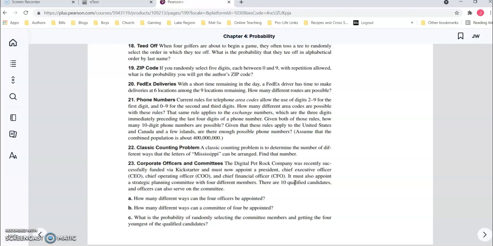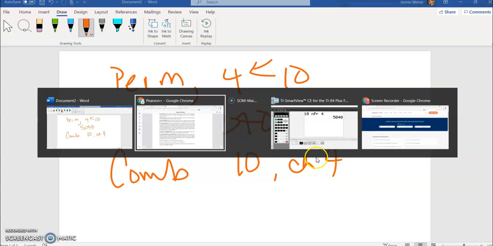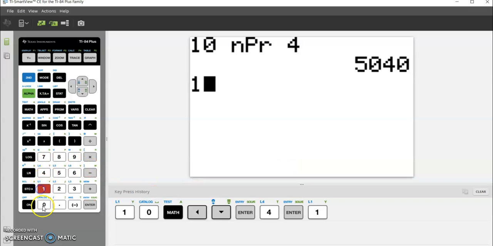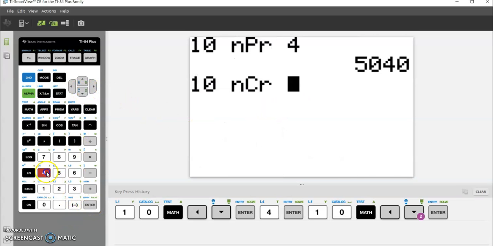Now, what about my committee? In the committee, the order doesn't matter, right? The 4 people, it doesn't matter what order they're in, so it doesn't change whether I change the order of it. So this is now a combination. This is still 10, choose 4, but now I'm going to do 10, go to probability, and come over to the combination one, which is number 3 down here, choose 4.